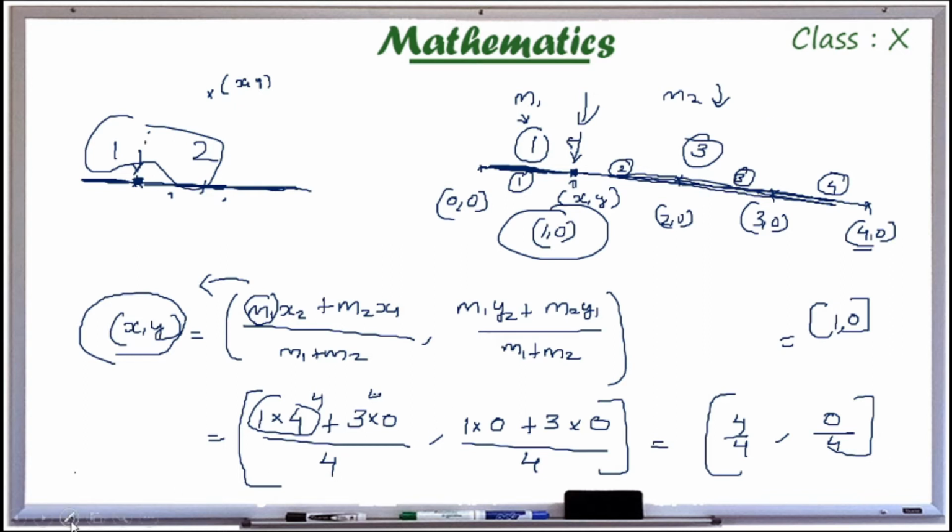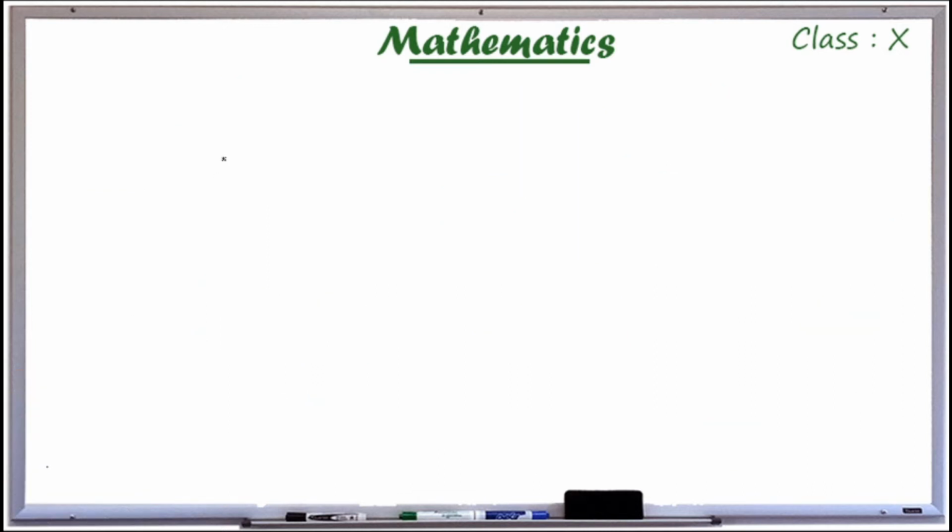Section formula is simply for finding the section. Since one point is divided into sections, here AB is divided into 1, 2, 3, 4, 5 sections. I have to find the point and the third point.